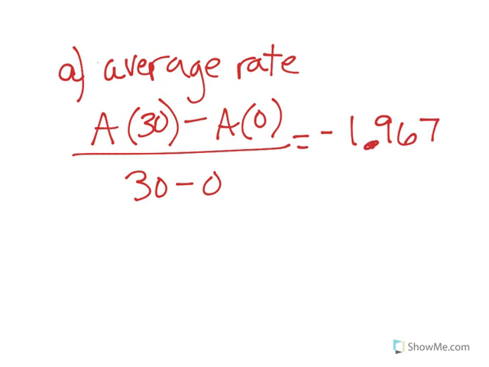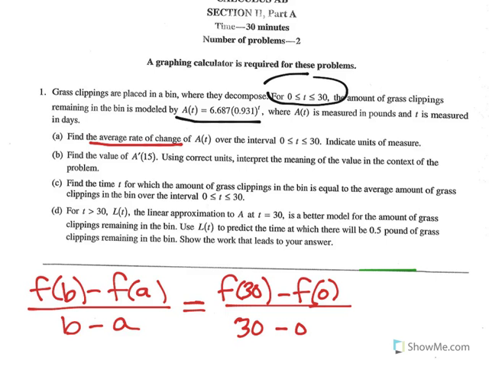The problem does ask for units of measure. So if A was measured in pounds and t was in days, this would be in pounds per day. So that's how we find the average rate.